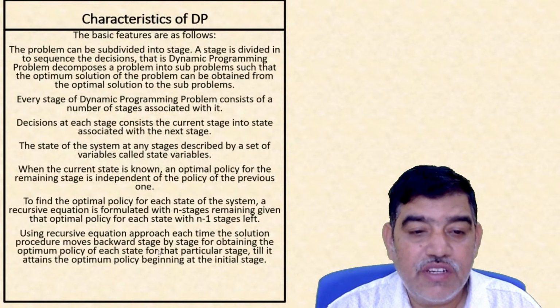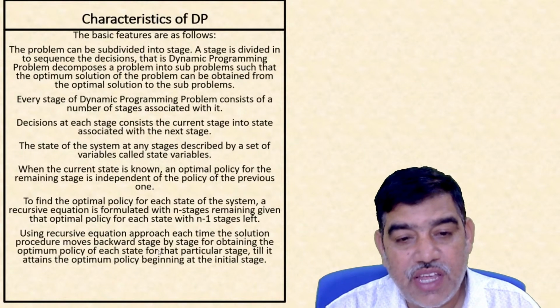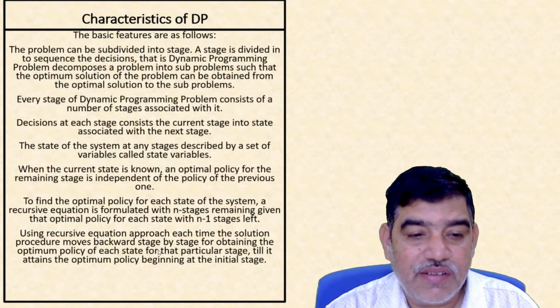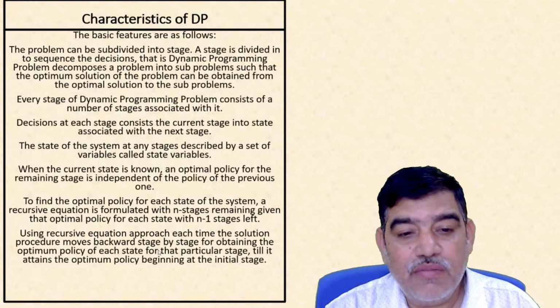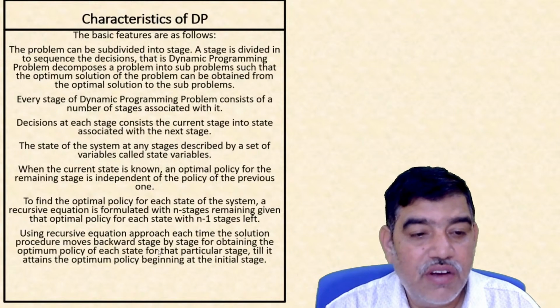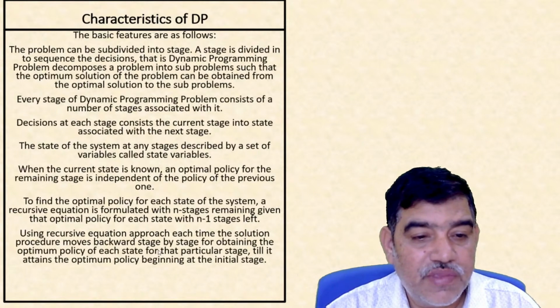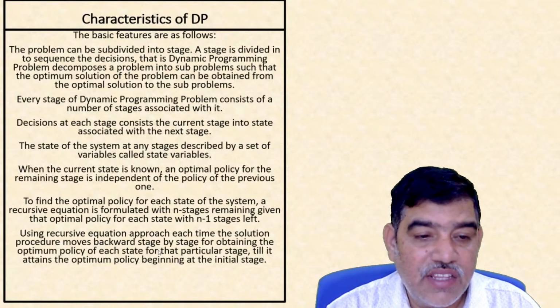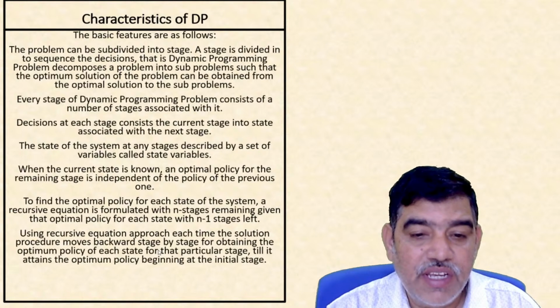Using the recursive equation approach, each time the solution procedure moves backward stage by stage, obtaining the optimum policy of each state for the particular stage, till it attains the optimum policy beginning at the initial stage.